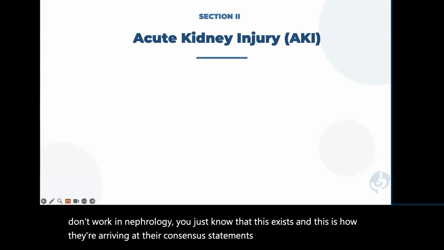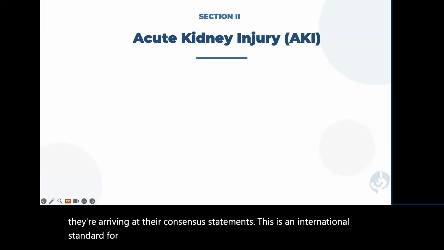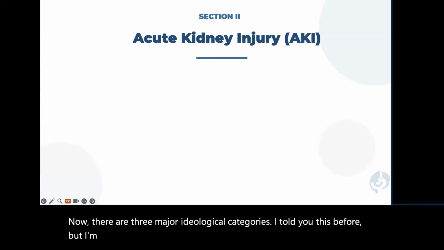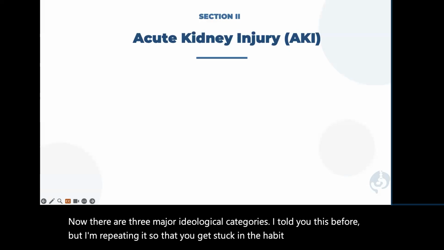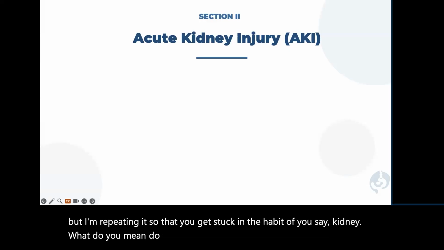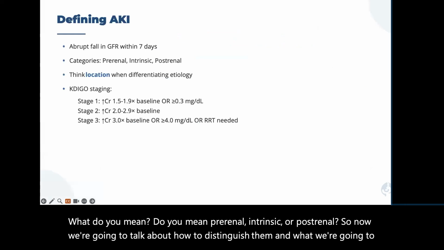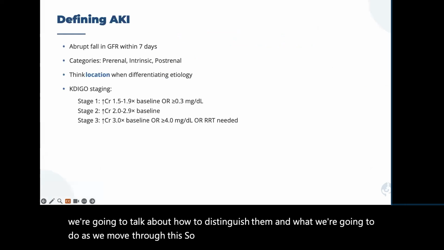It is an international standard for defining and staging acute kidney injury. There are 3 major etiological categories. I told you this before, but I'm repeating it so you get in the habit: when you say kidney, you mean prerenal, intrinsic, or postrenal? Now we're going to talk about how to distinguish them.